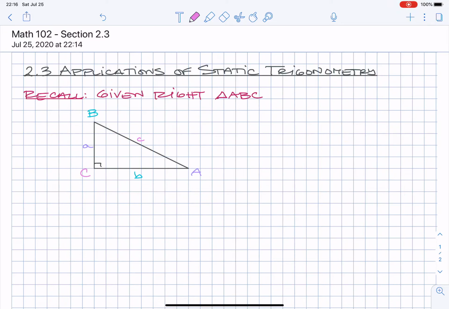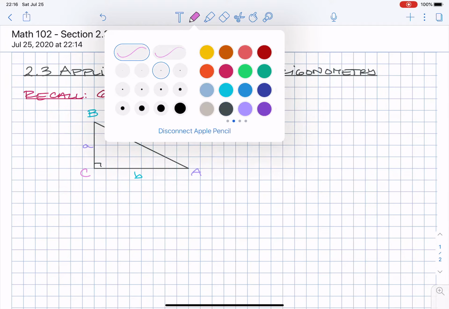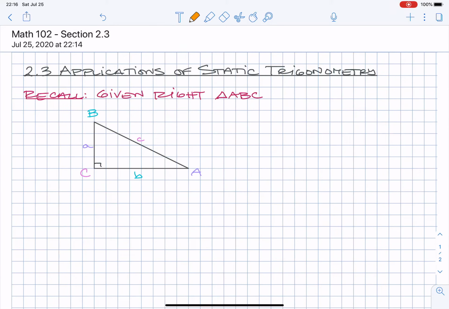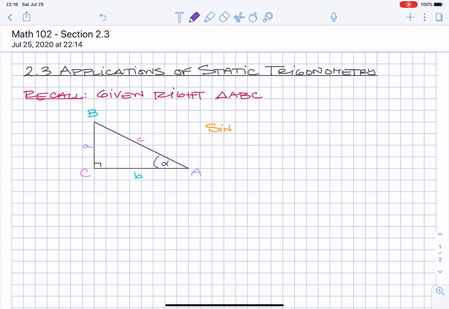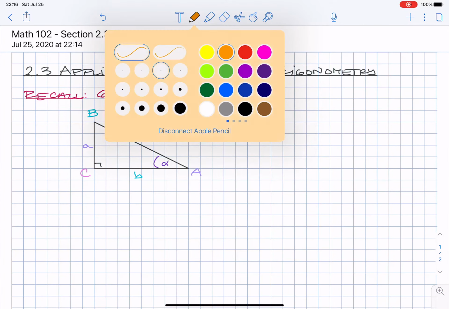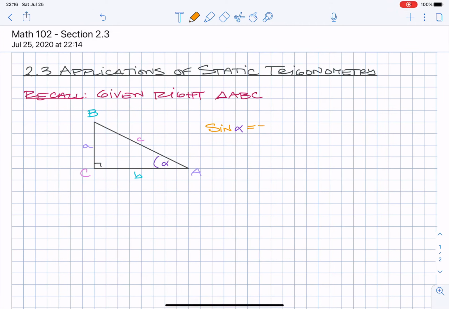Okay, so what do we have as far as, let's see, what color should I use? Let's do orange. Sine of, let me go ahead and put alpha here. Sine of angle alpha is going to be what over what? Sine for triangle trig is always opposite side over hypotenuse.